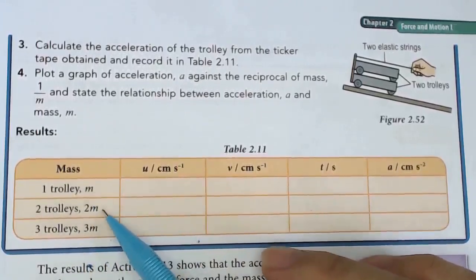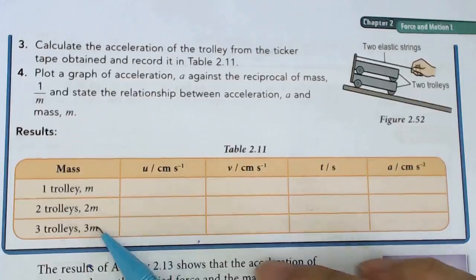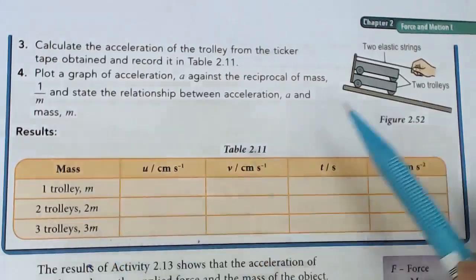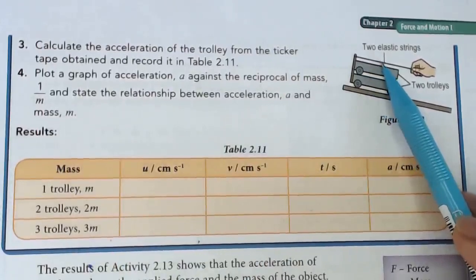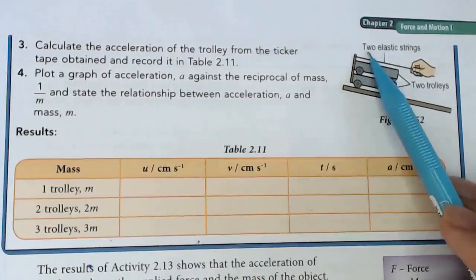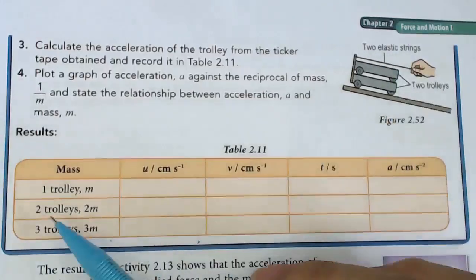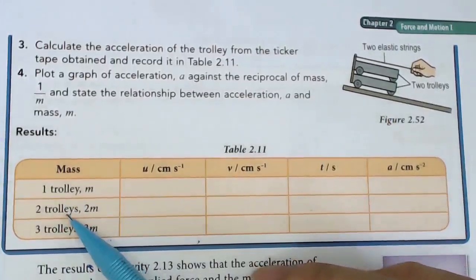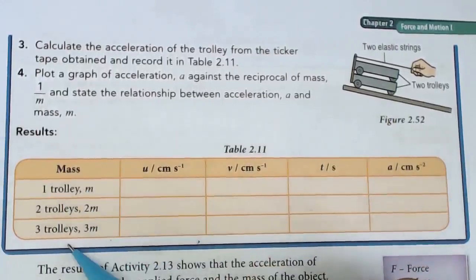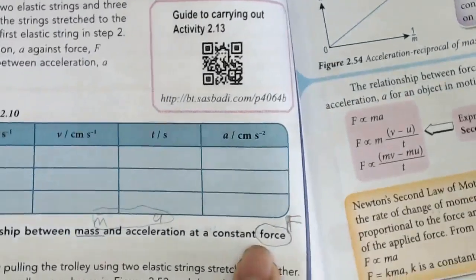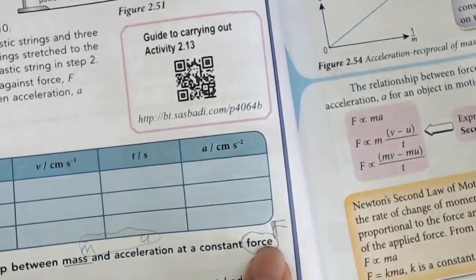M trolley, 2 times M trolley, 3 times M. This time you're going to use only one string. If you can use 2 strings, make sure you use the same number of strings every time, that is 2, 2, 2, 2, because we want to fix the value of force. We don't want to change it.